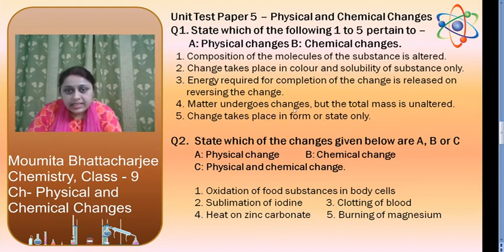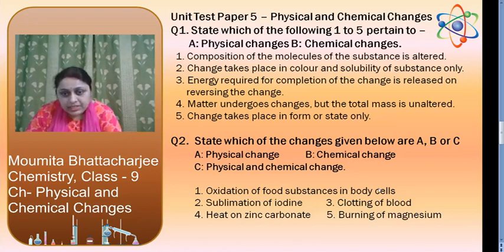Matter undergoes changes, but the total mass is unaltered. This is a physical change. Change takes place in form of state only. This is also a physical change. Next, state which of the changes given below are A, B, C. Here we have to consider which one is a physical change and which one is a chemical change. Oxidation of food substance in body cells.